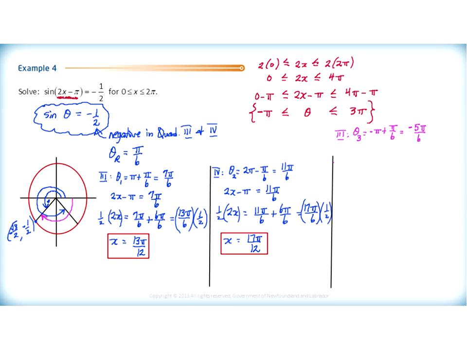If we replace theta with 2x minus pi equals a negative 5 pi/6, we can add pi to both sides of the equation. So you get negative 5 pi over 6 plus 6 pi over 6. So that will result in 1 pi over 6 radians. Multiplying both sides then by a half, we get x is equal to pi over 12 radians as another solution for this equation.